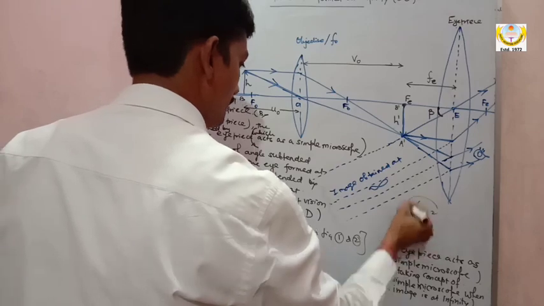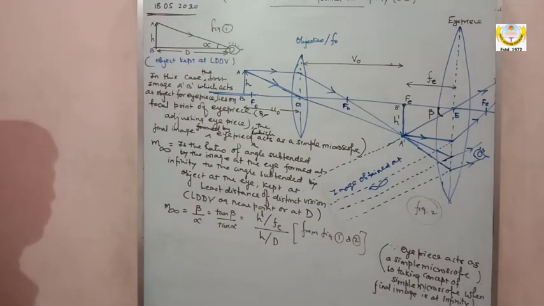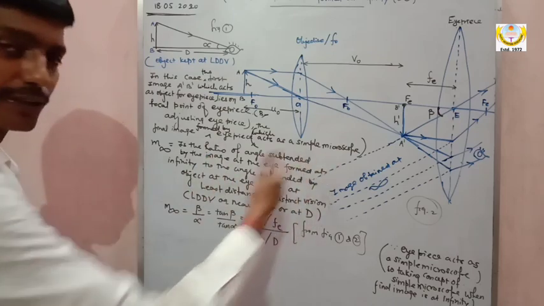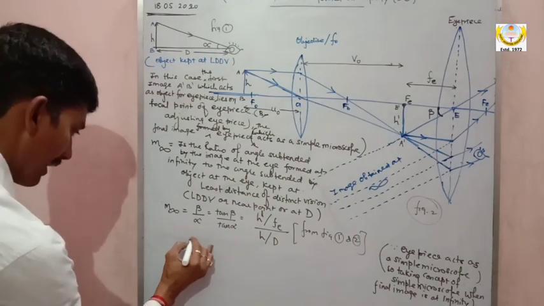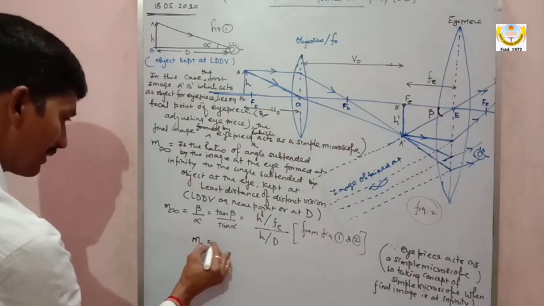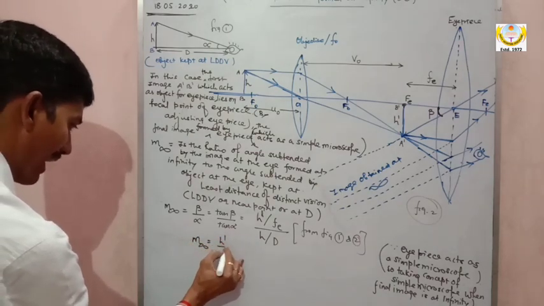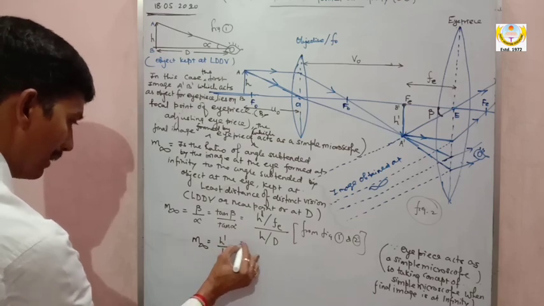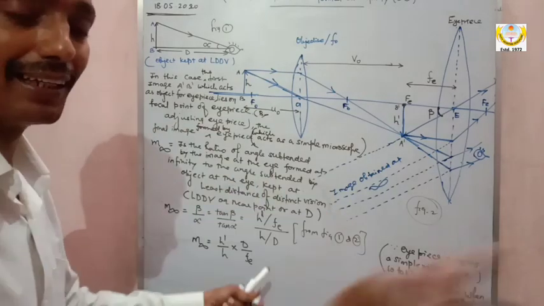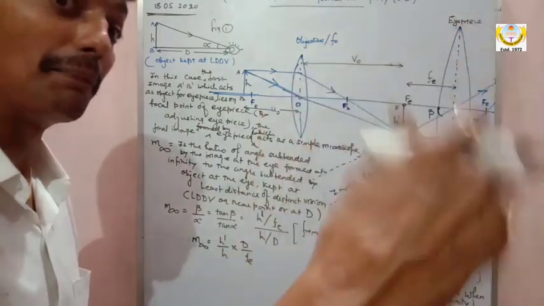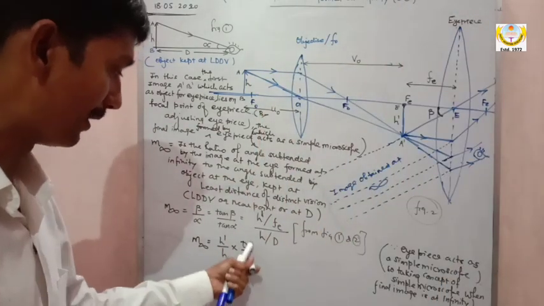So substituting the direct definition also you will get something, and then you will come down to MO into ME, no issues. So here M infinity is equal to H dash by H into D by Fe. Earlier it was D by UE, and D by UE is 1 plus D by Fe. Here it is D by Fe.